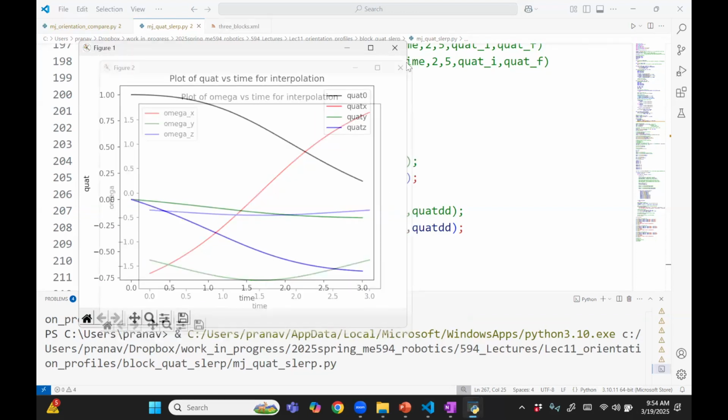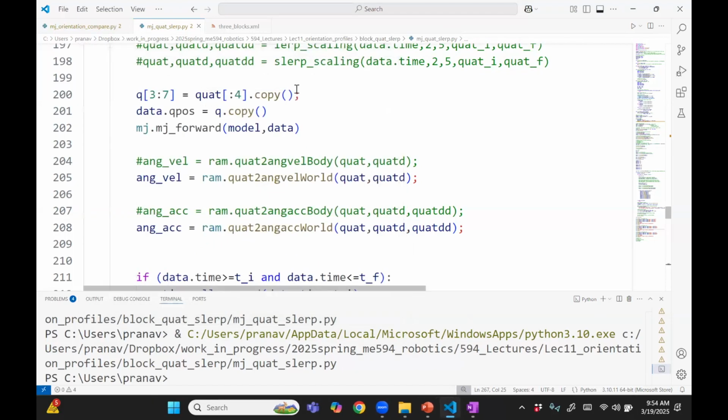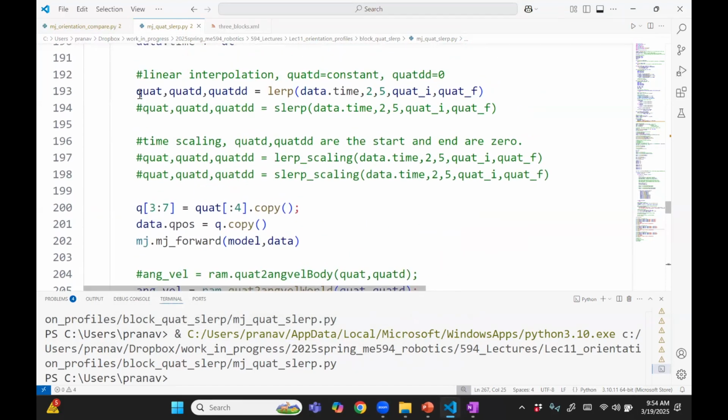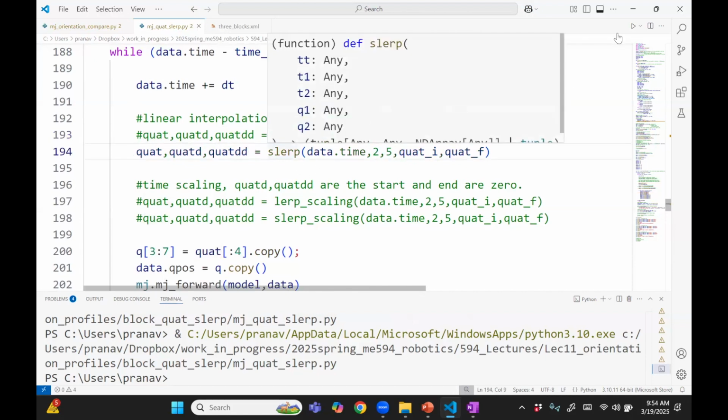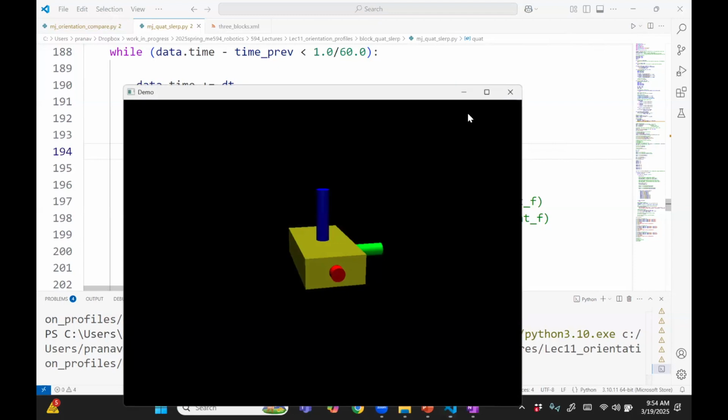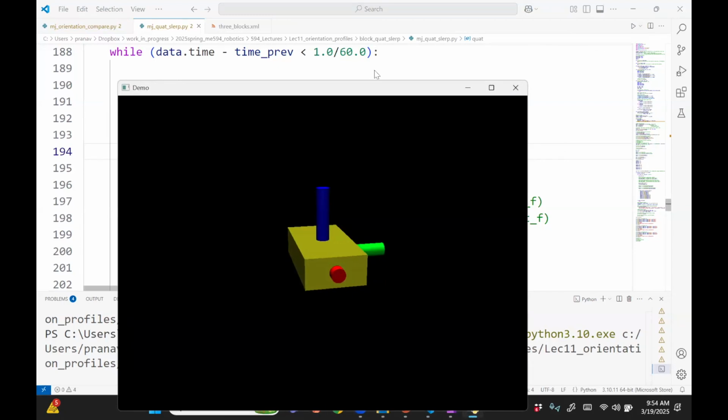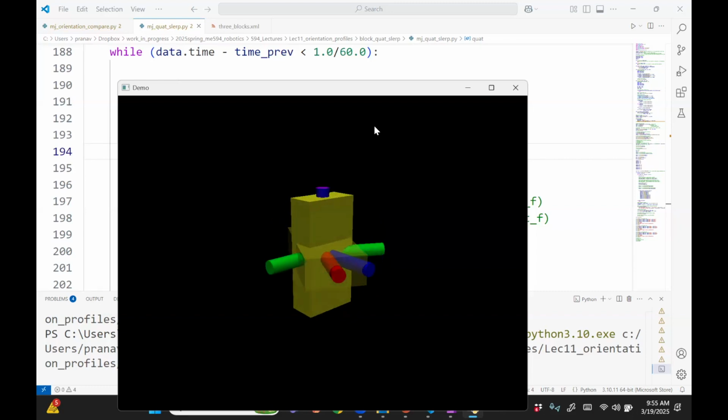So what we'll do is, to fix this, we'll use SLERP. So here is the same interpolation done with SLERP. I've written a function SLERP, which you can see. You will not see much difference in the movement, at least not to the eye, but the plots will show a different story, especially the one for angular velocity.